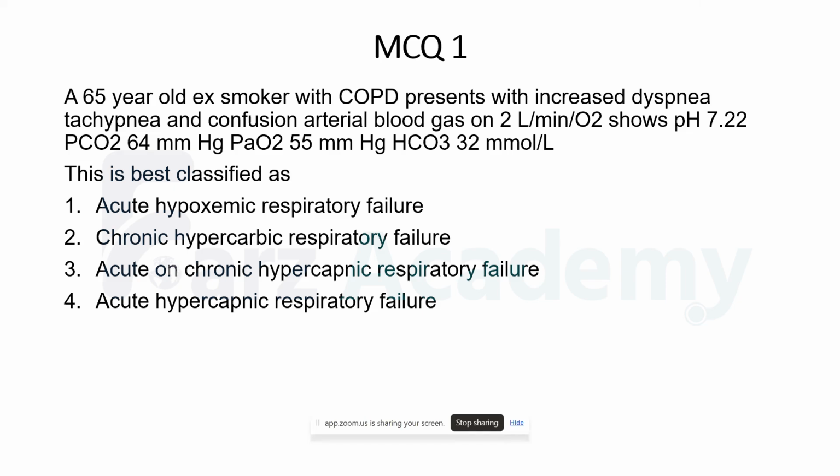Bicarb increases by 3 in the acute setting for every 10 increase in PaCO2. So here the increase in PaCO2 is approximately 20. So bicarb should increase by 6 to 8.